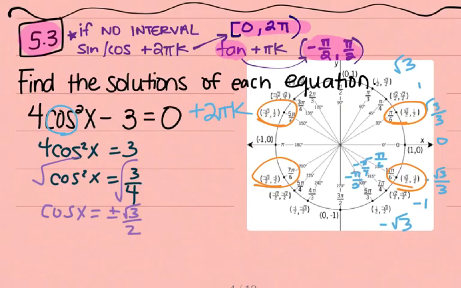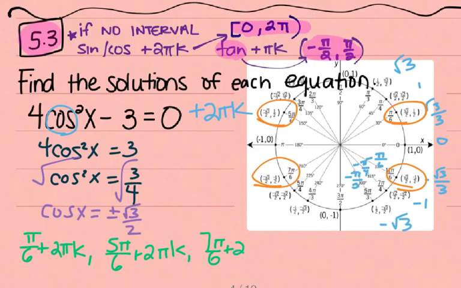So my answers are all the over 6's. Pi over 6 plus 2 pi k, 5 pi over 6 plus 2 pi k, 7 pi over 6 plus 2 pi k, and 11 pi over 6 plus 2 pi k.